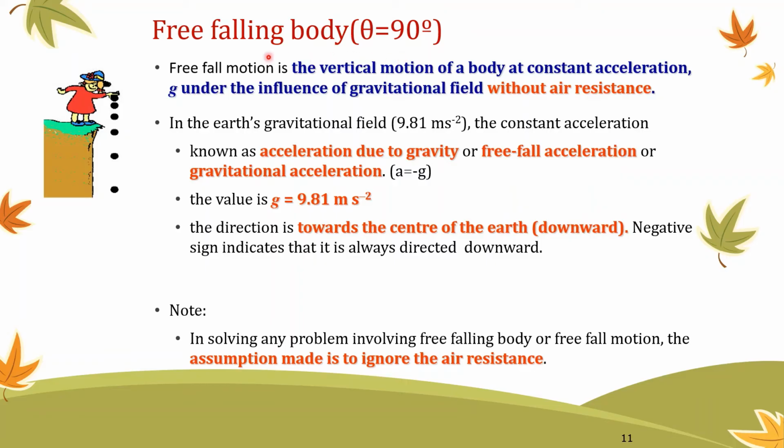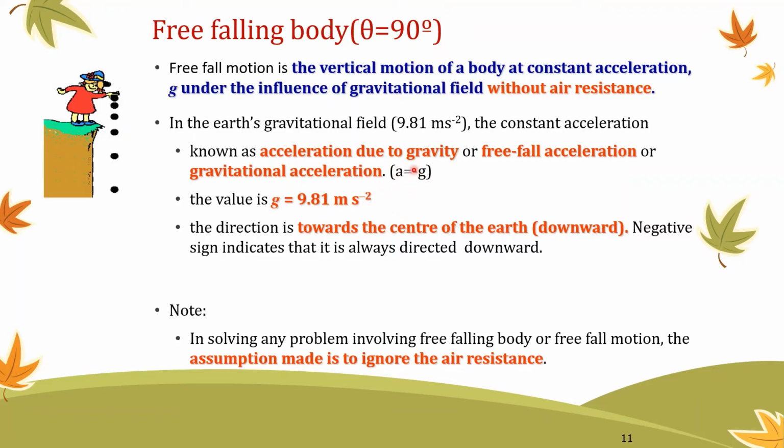So for a free-falling body, the object is thrown downward or upward at an angle of 90 degrees, or the object is thrown along the y-axis. In the Earth's gravitational field, the value of acceleration is 9.81 meter per second squared, also known as acceleration due to gravity or free fall acceleration.